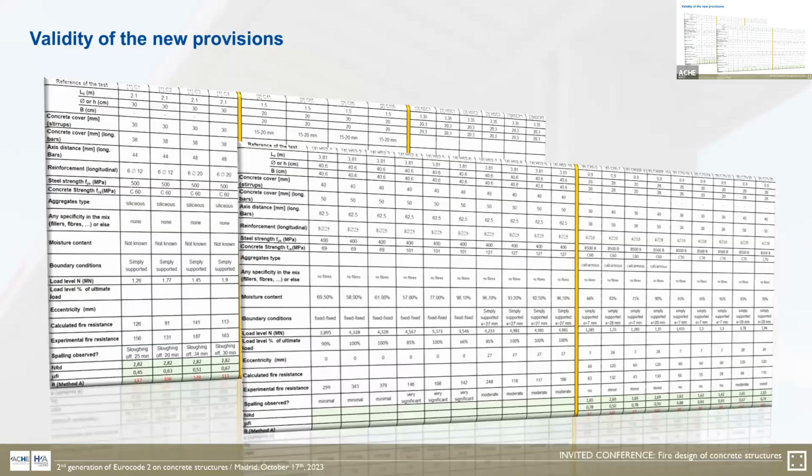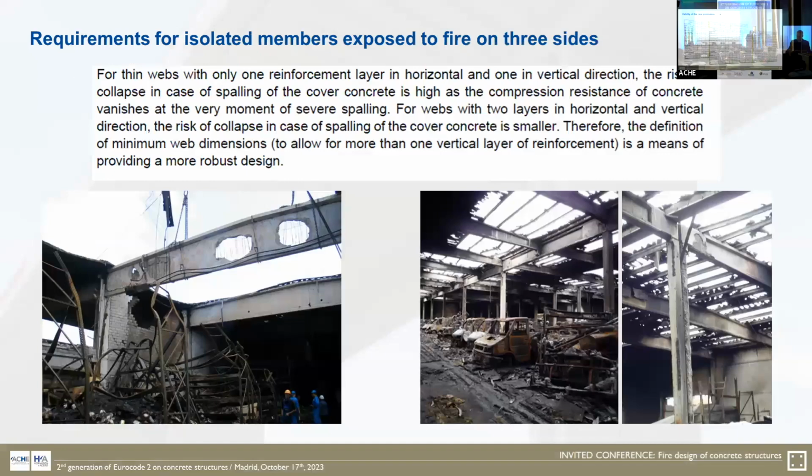And it's probably something that was missing in the previous version of the Eurocode, where we could not always trace back the provisions to well-documented tests. So I go back to what Hans was saying this morning. We try to work on mechanical models to motivate everything whenever we can. If we cannot, then everything should be based on well-documented tests. And this is the philosophy of the new provisions and their validation.